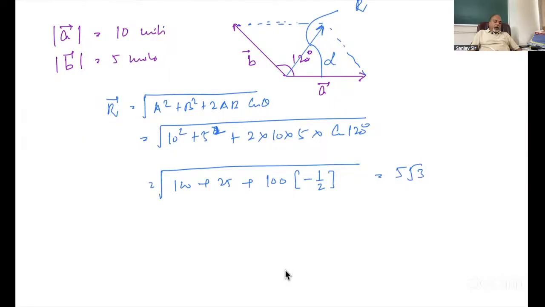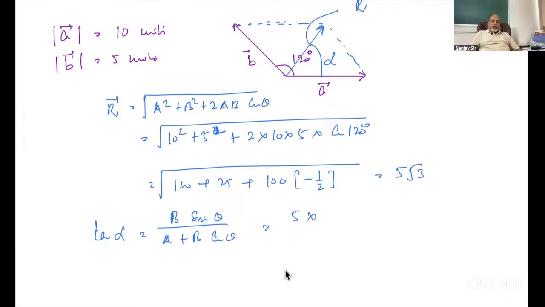Tan alpha, you can find out alpha. So tan alpha, we know, is B sin theta upon A plus B cos theta.